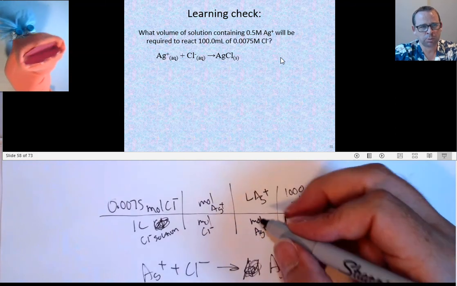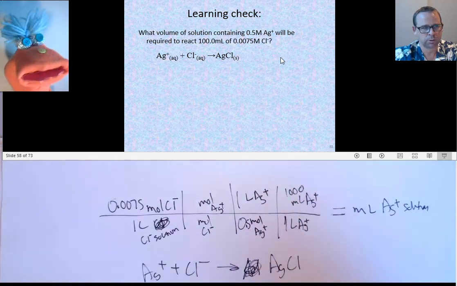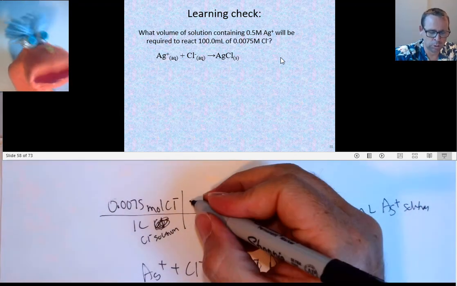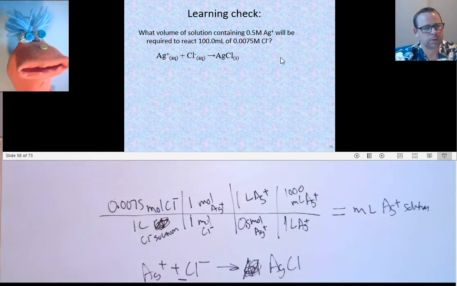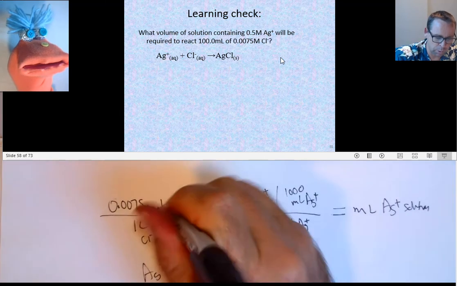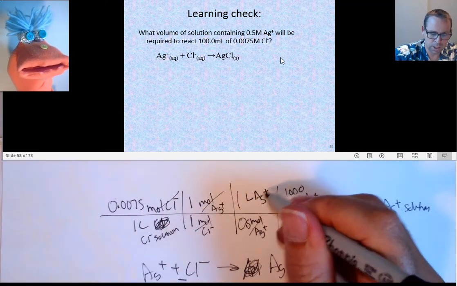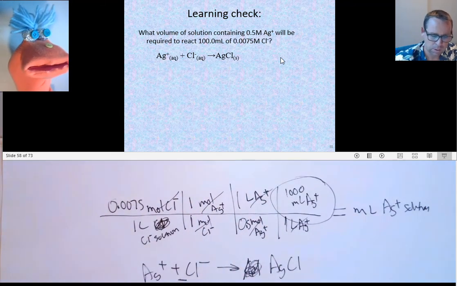That's just the molarity upside down. So it's 0.5 moles of silver ion for every liter of the silver ion. Very good. Now, what's this ratio? That's 1-to-1. That's the equation. Stoichiometry there. Excellent. So I went from moles of chloride ion, moles of silver ion, and then moles of silver ion to liters of silver ion, and then liters to milliliters.